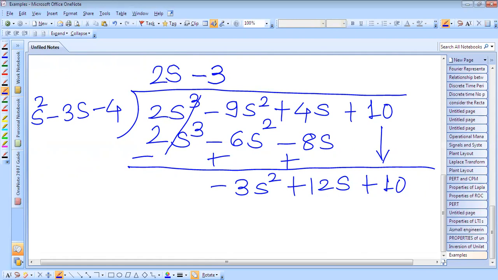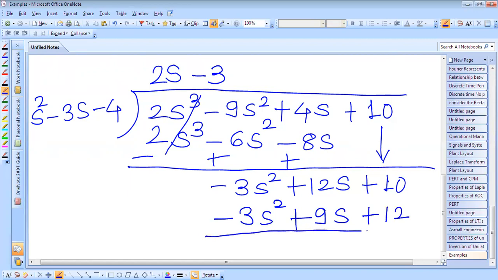If you multiply minus 3 with the divisor: minus 3 into s squared is minus 3s squared, minus 3 into minus 3s is plus 9s, minus 3 into minus 4 is plus 12.